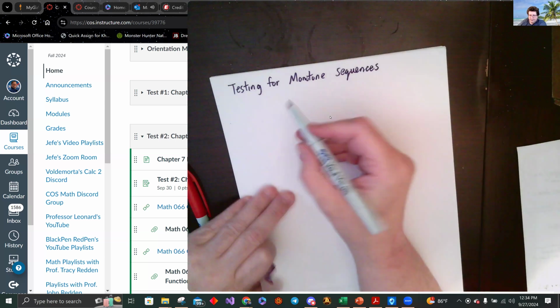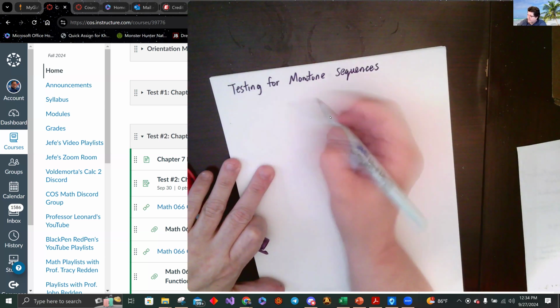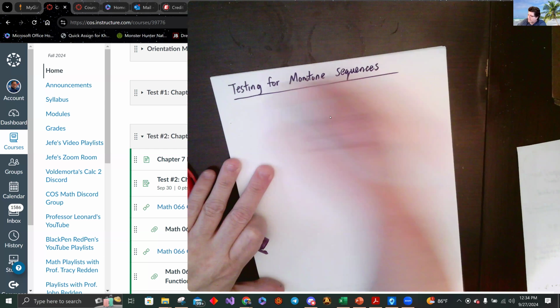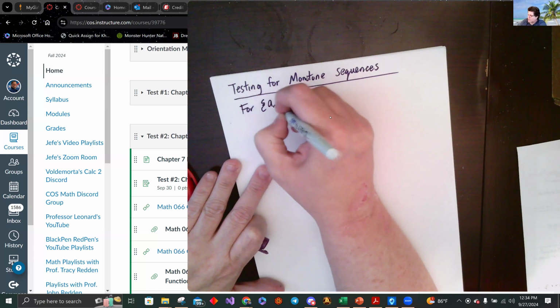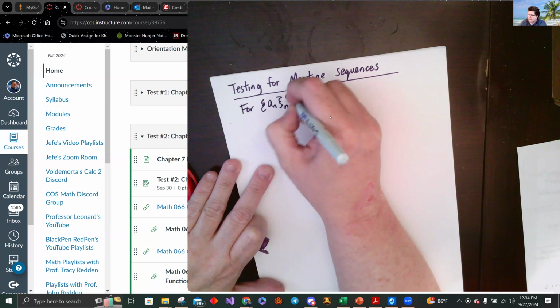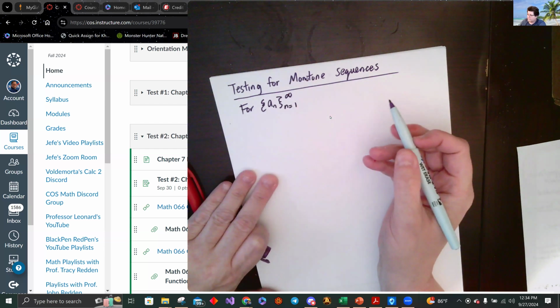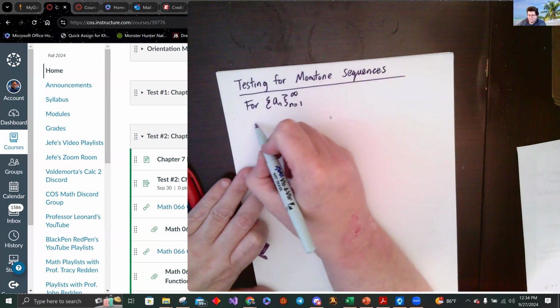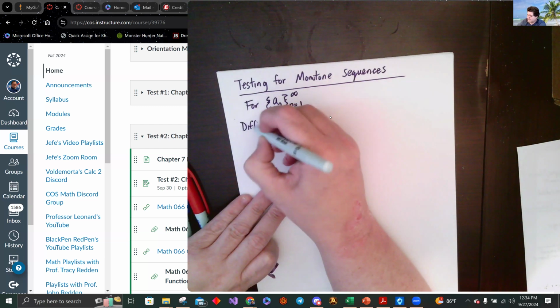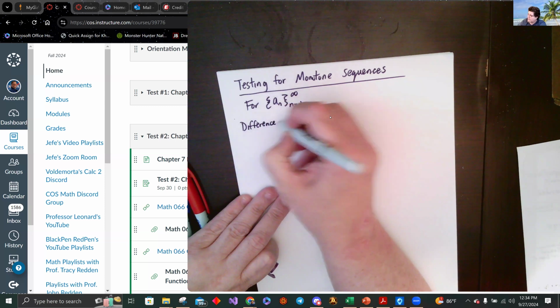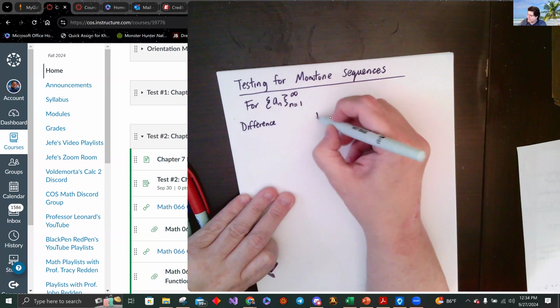Let's see. We're looking at a subsequence a sub n from n equals 1 to infinity. We could do a difference test or a ratio test.